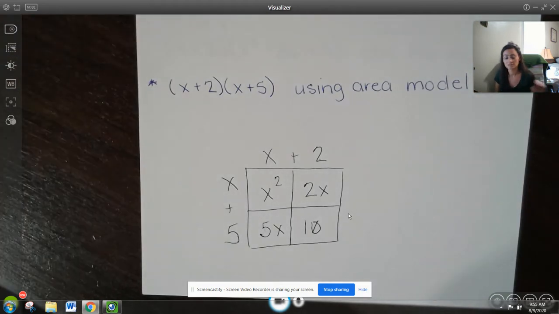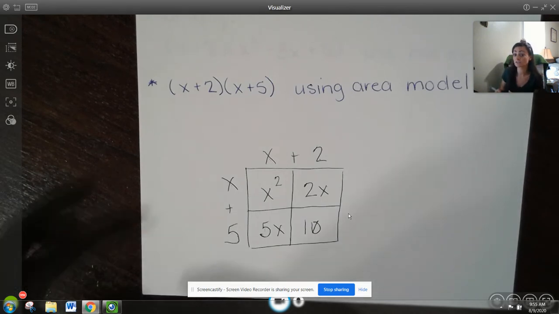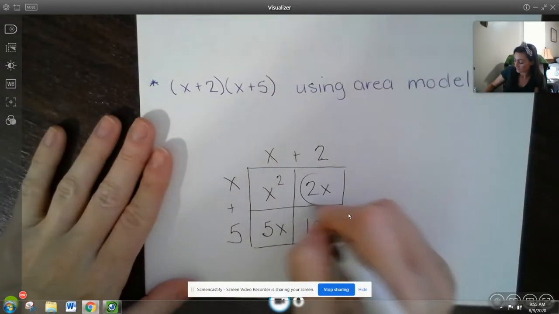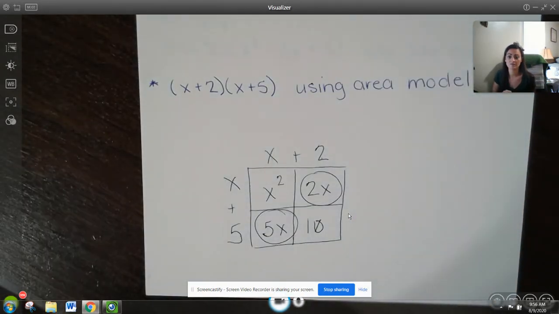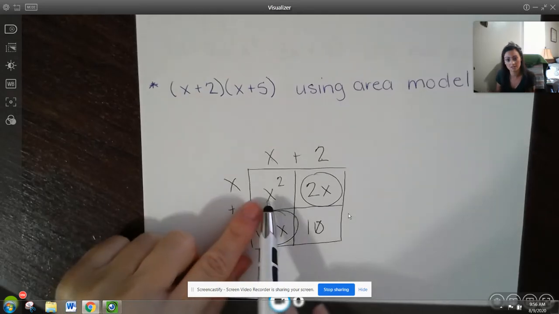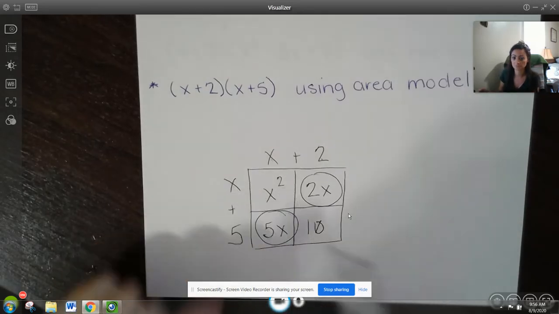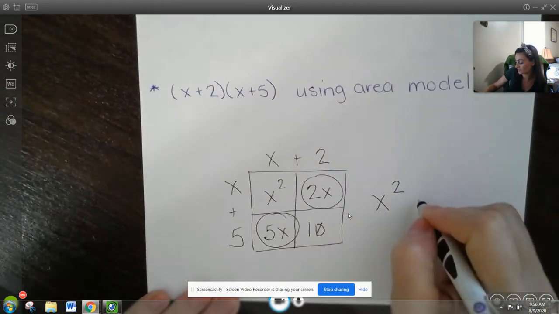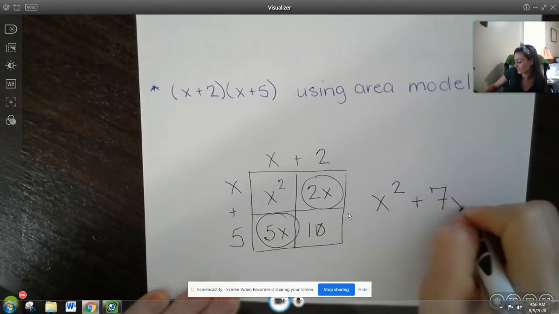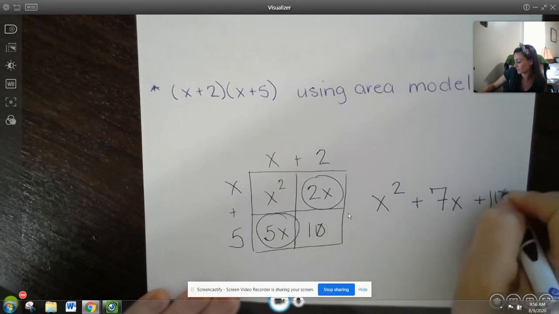Now, because these are not all numbers and variables are involved, I have to only combine things that are like terms, so things that look the same. So I can put 2x and 5x together because they both have an exponent of 1 on their variable. I can't combine it here because the exponent is 2. So my final answer would be x squared plus 7x plus 10.